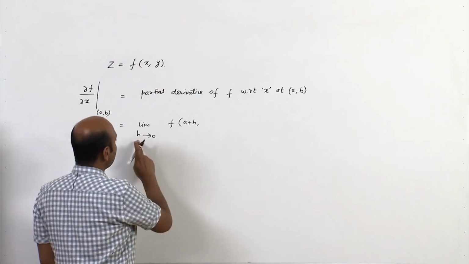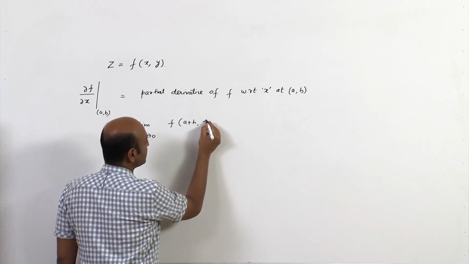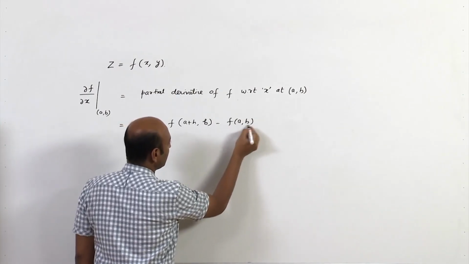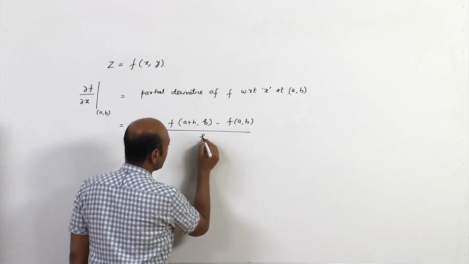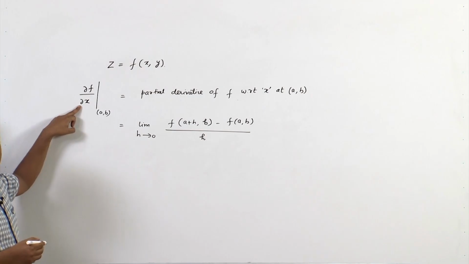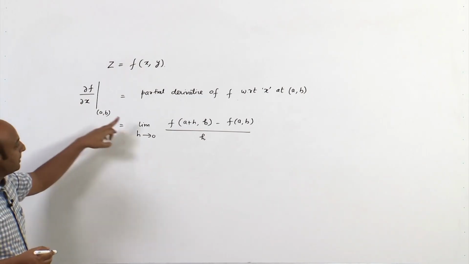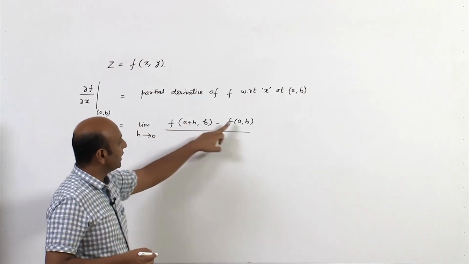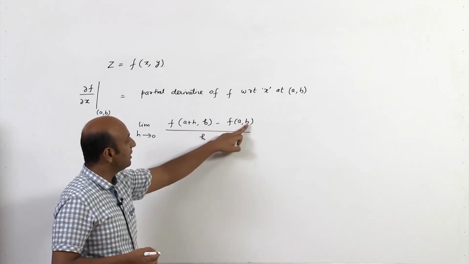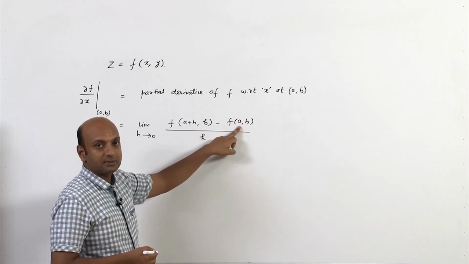So it is limit h tending to 0 of f(a plus h, b) minus f(a, b) upon h. This is the partial derivative of f with respect to x at (a, b). Simply, we are changing only the x component, y remains the same. That means we are fixing y and changing only x.